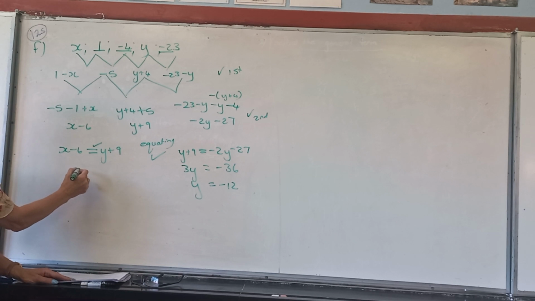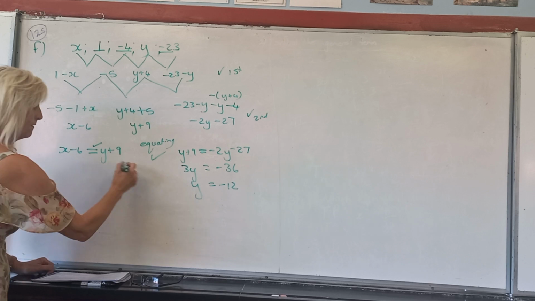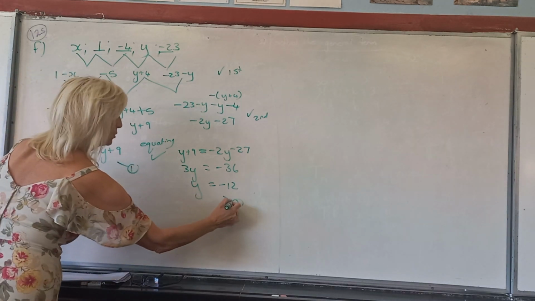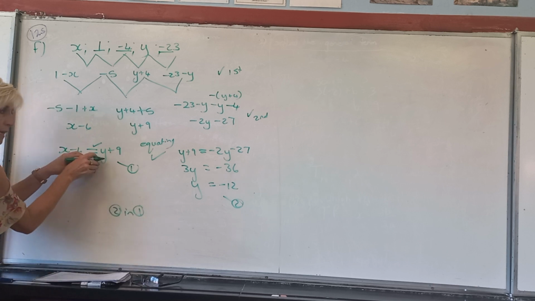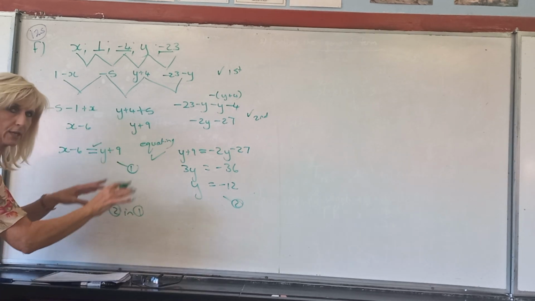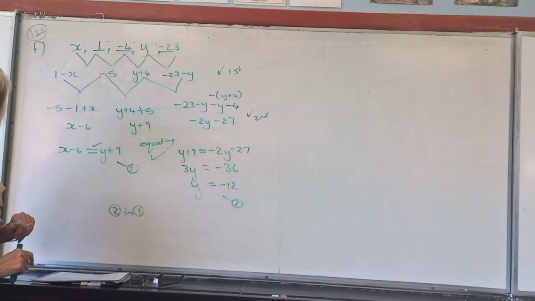So now I'm going to substitute. Please, do you see where I'm going with this? If this was 1 and this was 2, I'm going to say here, 2 into 1. Please don't write it here. I'm all the time telling you, please set out your questions correctly. Use the paper.